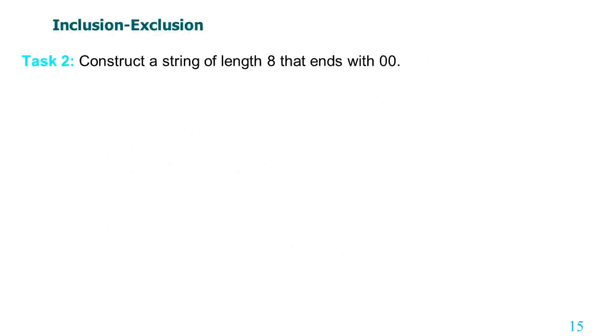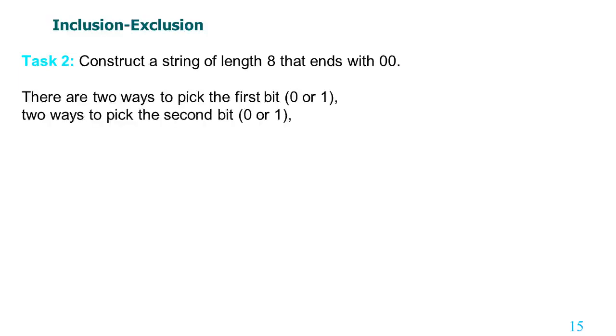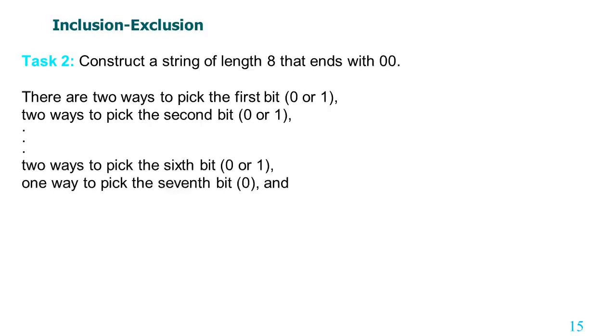Similarly, task 2: we have to construct a string of length 8 that ends with 0 0. There are two ways to pick the first bit, two ways to pick the second bit, and so on. Here we have constraints on the last two bits: the seventh bit is 0 and the eighth bit is also 0.